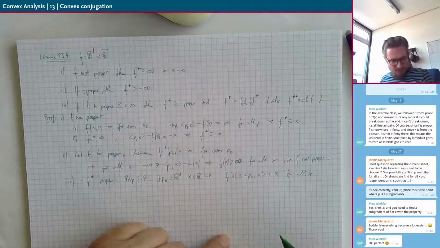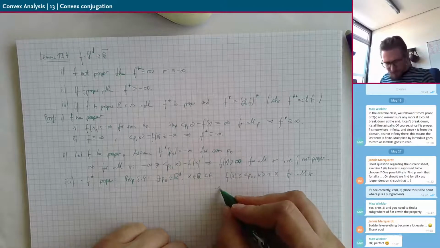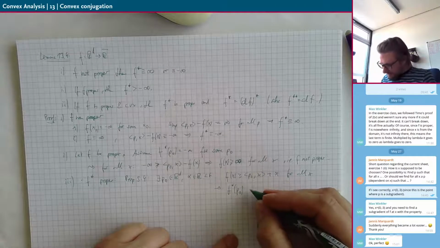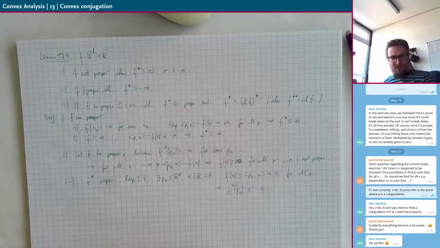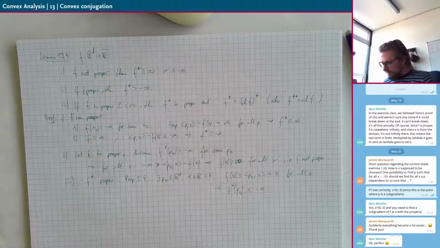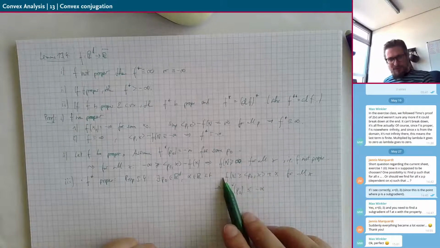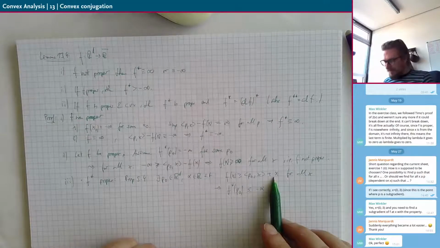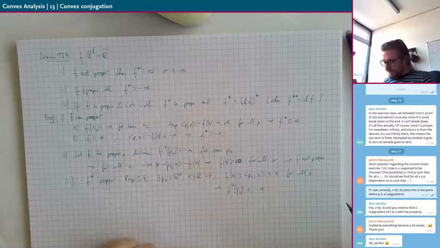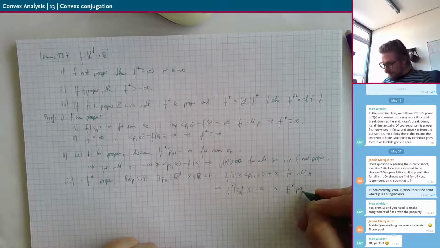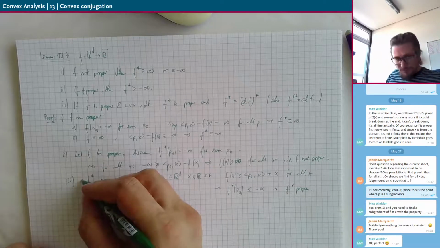Oh, there's a 0 missing here. And now this shows that the conjugate at p0 is actually bounded from above by minus alpha. Yeah, so you subtract f of x over here, subtract alpha over there, and take the supremum over x on the right hand side, and that gives you that. And this shows that f star is proper, sorry. That was the first part.